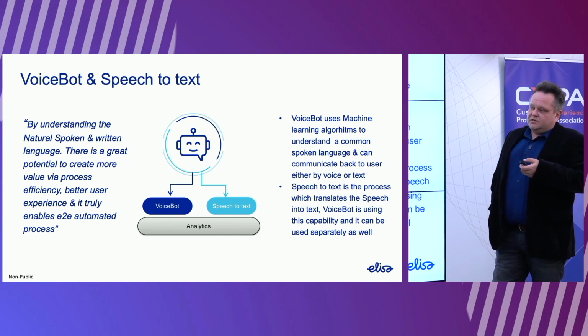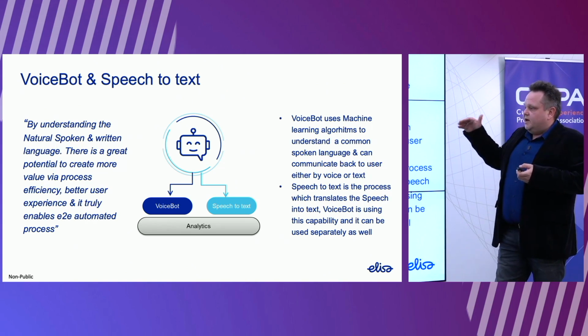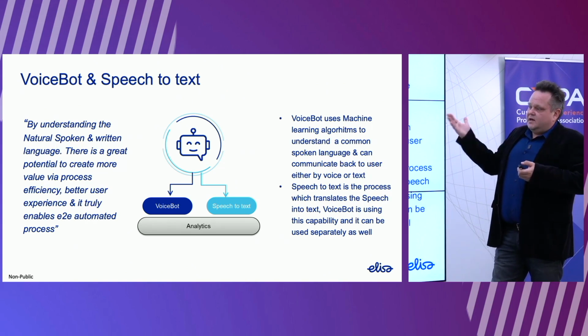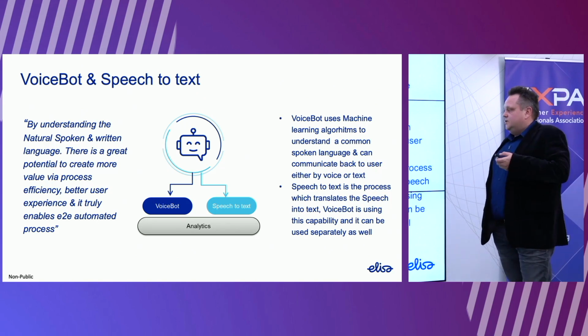We never process directly spoken language. So the speech to text functionality is listening to the customer, or for example the service desk agent, and creating in real time a text-based document: okay, this is what was said.